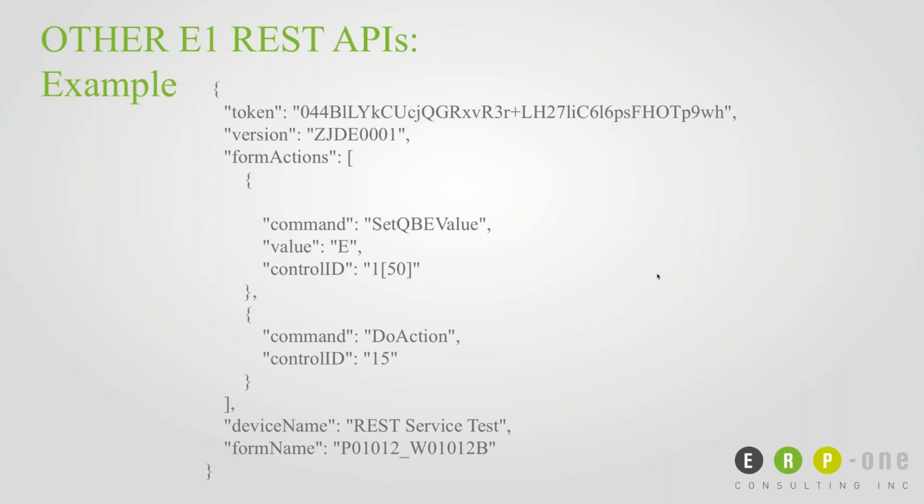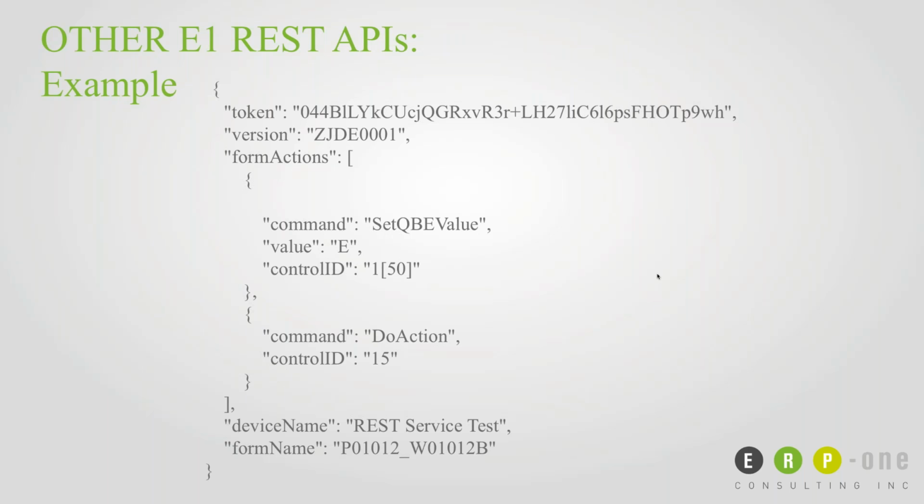Now, if I take a look right at the very bottom, you'll see a form P01012 with a form of W01012B. That application is the address book application. Going back to the top, version ZJDE 0001, standard version. And we're doing some form actions. We're doing a command called set QBE value.